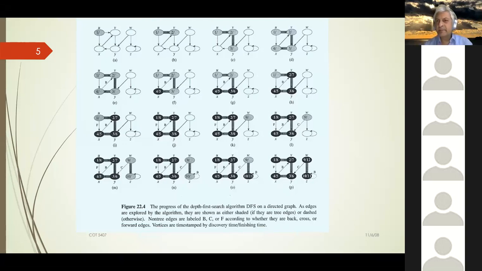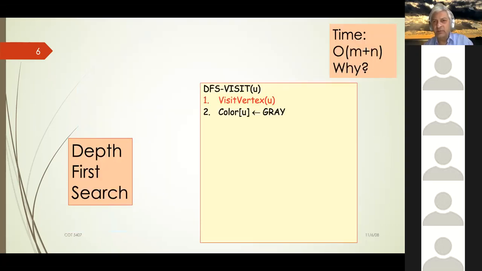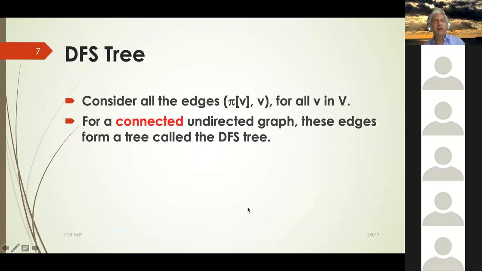Okay. All right. So this is a very important property, that if you have an undirected graph and if it's connected, then your depth first search will end up visiting and traversing the entire graph.